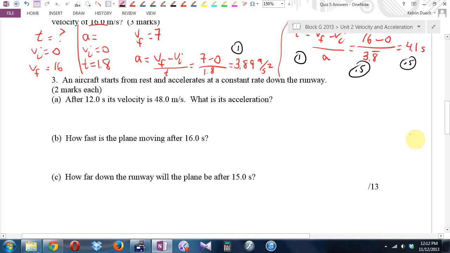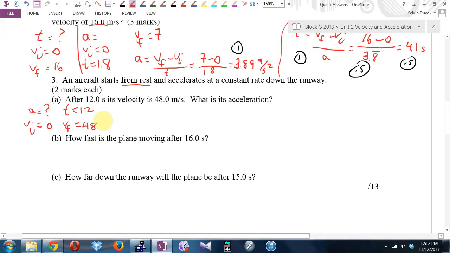Number 3, an aircraft starts from rest, accelerates at a constant. What's the acceleration? VI is 0, T is 12, VF is 48 meters per second. Double that, roughly 100 miles an hour.